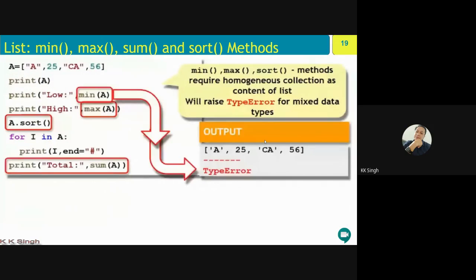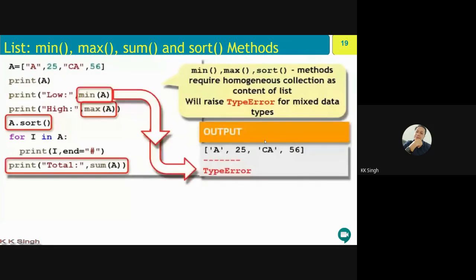Next, see here, this is an example which clearly says that A is a collection of strings and integers. So when you say print A, it will simply print the list.